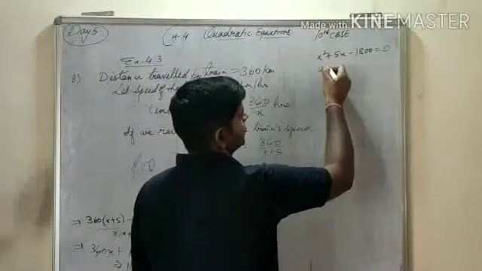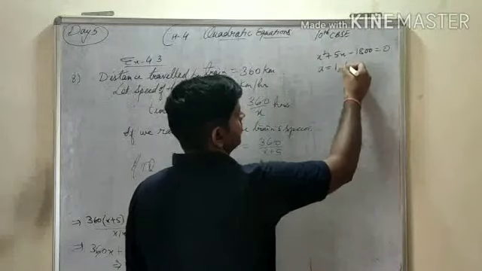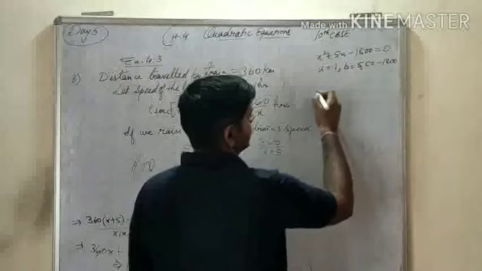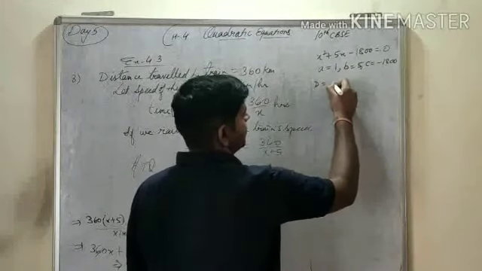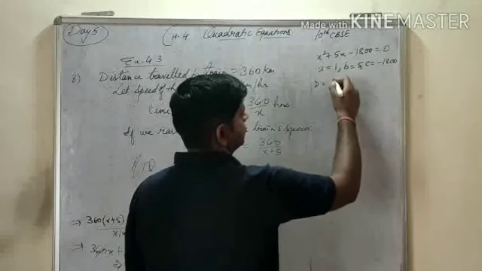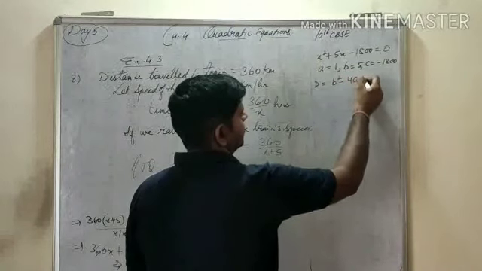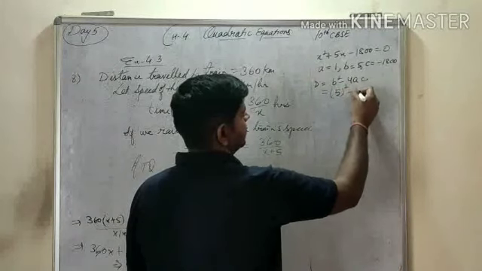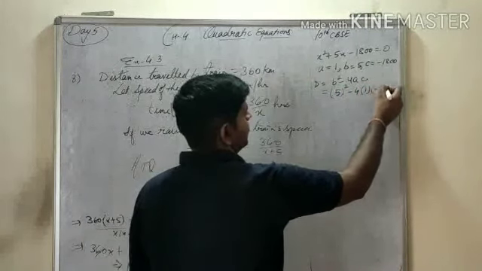My a is 1, b is 5 and c is minus 1800. The discriminant is b square minus 4ac. b is 5, so 5 square is 25, minus 4 into 1 into 1800.